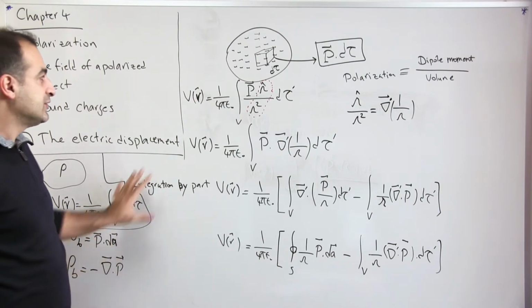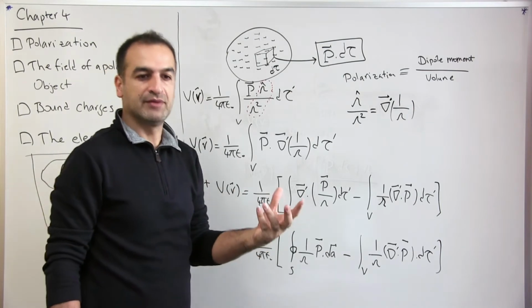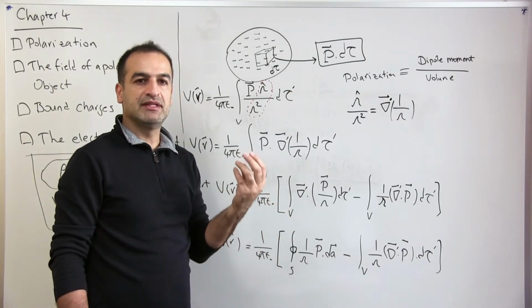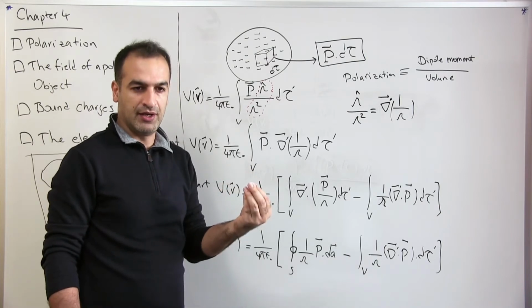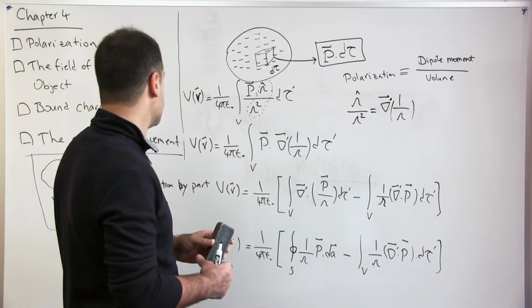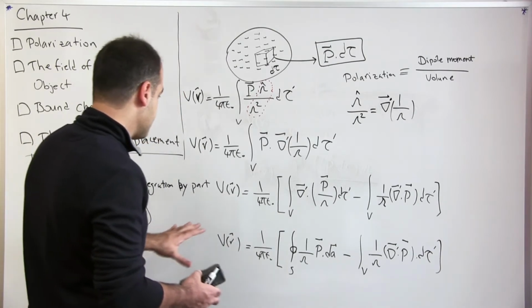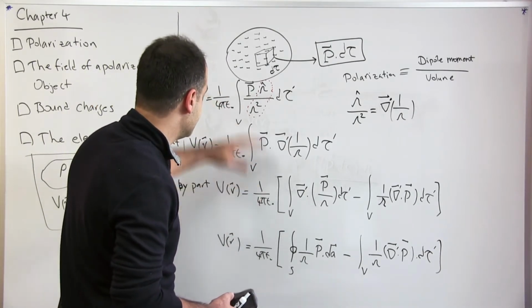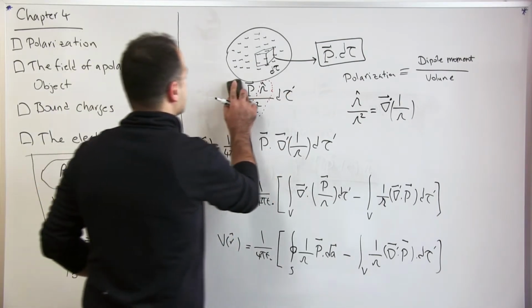What I'm going to do next is explain physically what that means. That gives you a bit of insight into how polarization can create electric potential and electric field. For that, I'm going to get rid of everything here in the middle up to here, and then draw a few more graphs.